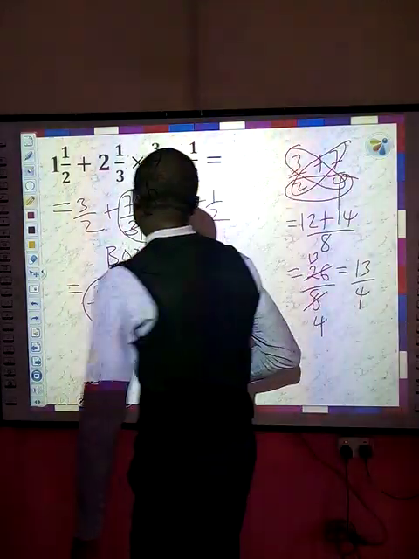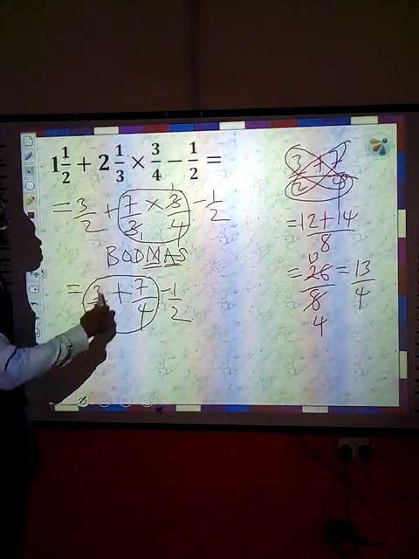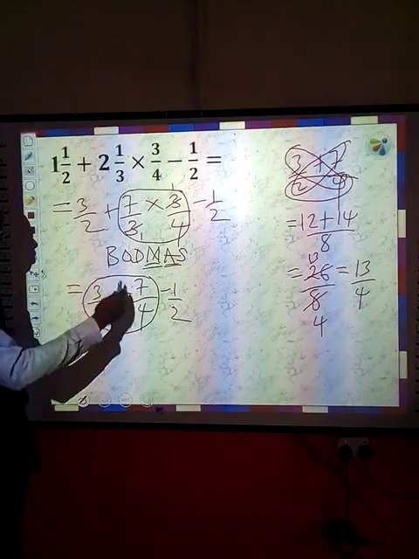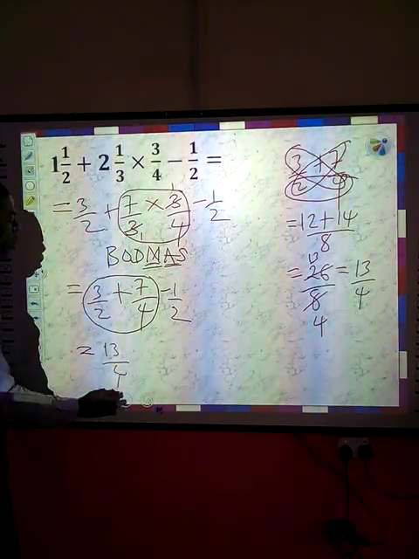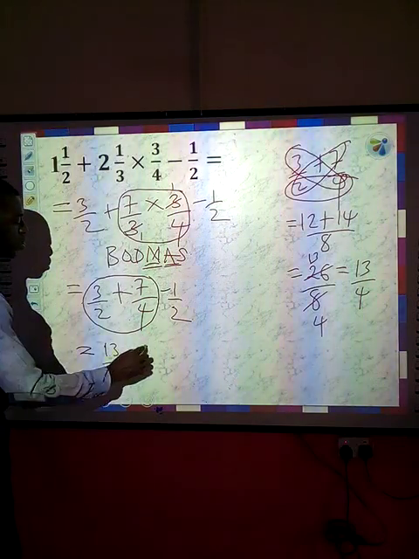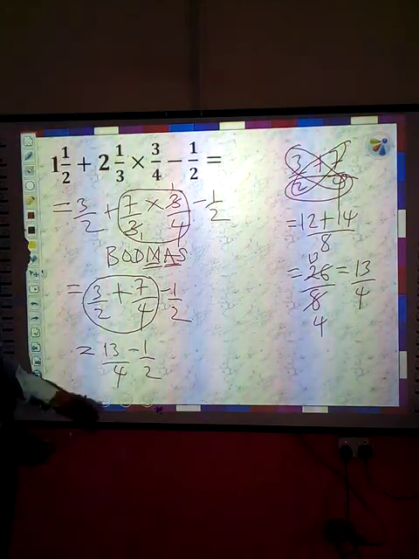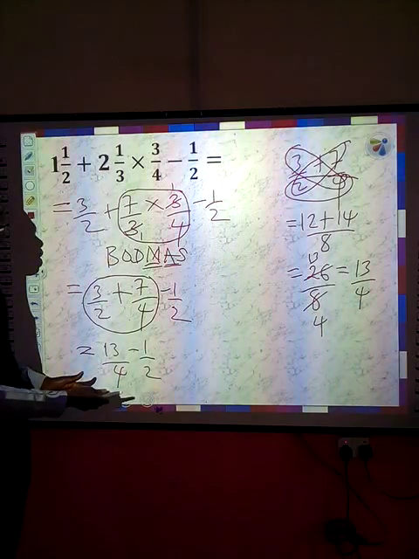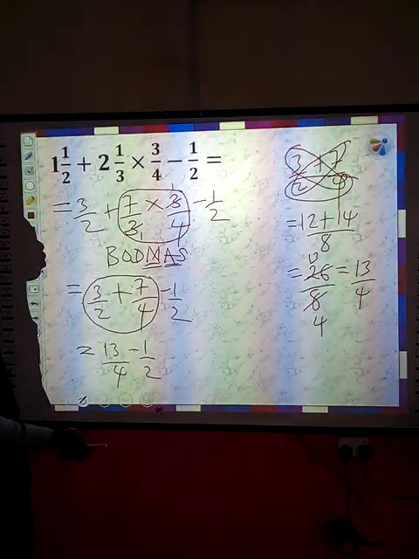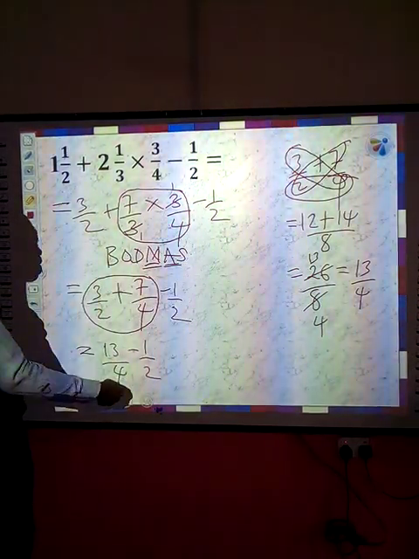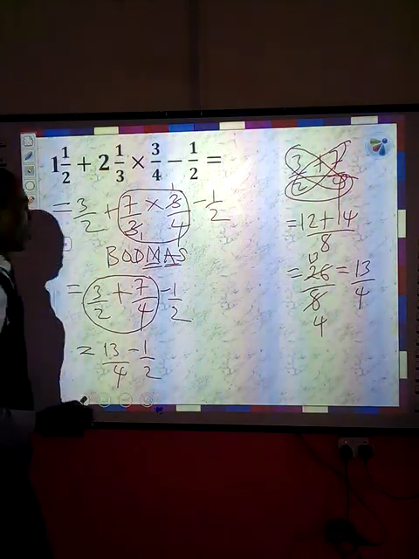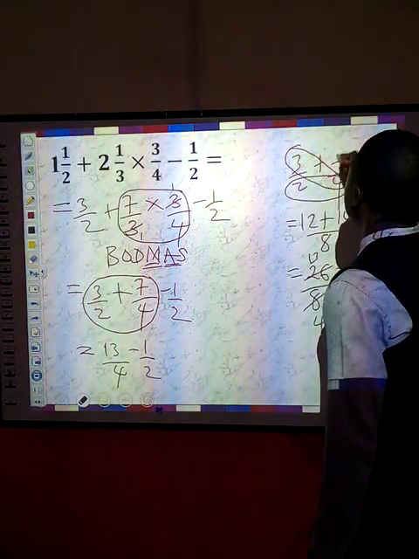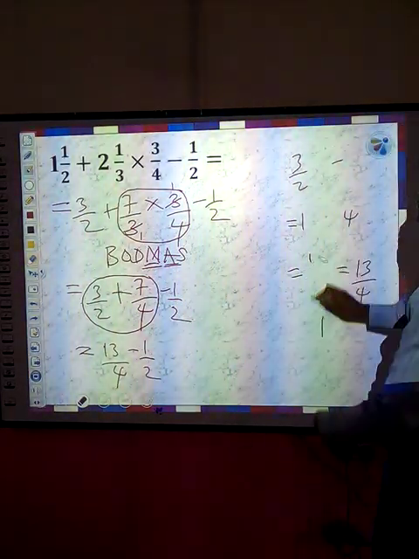Now, that means that this part is 13/4. So I'm going to have it as 13/4 minus 1/2. The fraction has reduced to this simple one now. You can use the same method that I used over there to handle this last part of the question. Let's do that very quickly. So let me take away this part so that we can treat that last part.